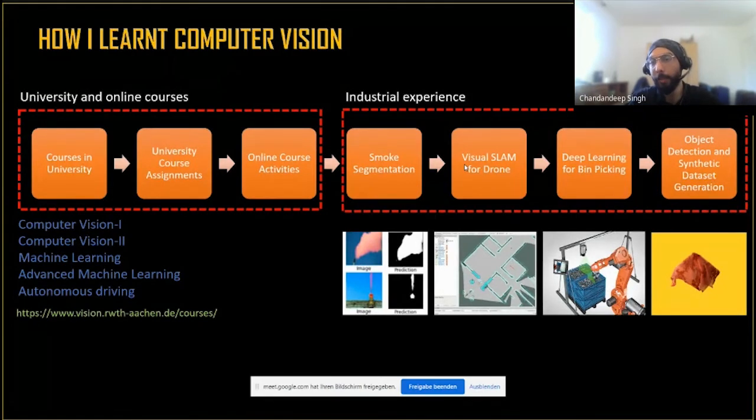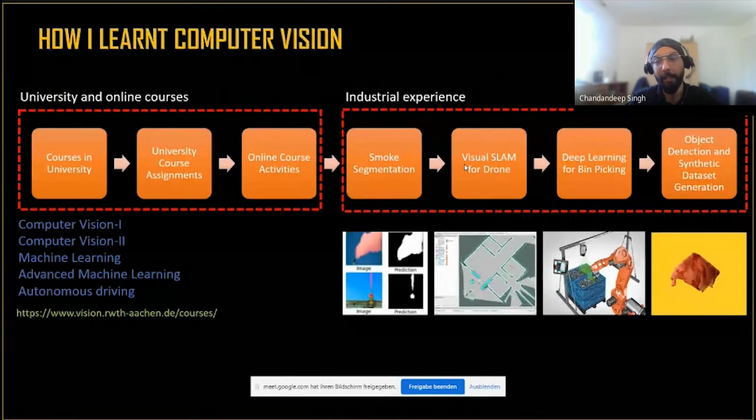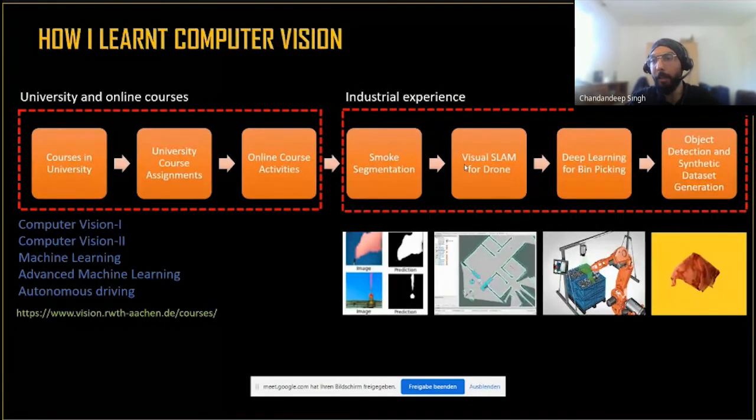And then during my internship, I used deep learning, object detection and segmentation models to segment objects inside a heap of objects, and then the robot would pick them based on the grasp points generated from these segments. After that, I did some more work in object detection and synthetic dataset generation. So this is how I learned computer vision basically.